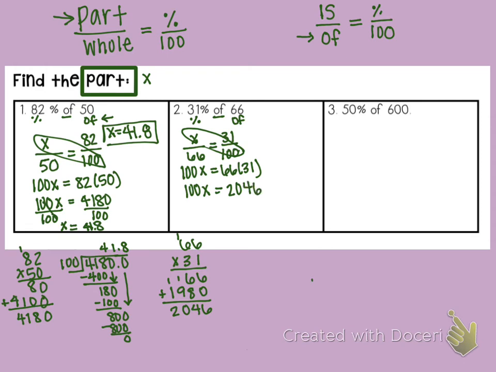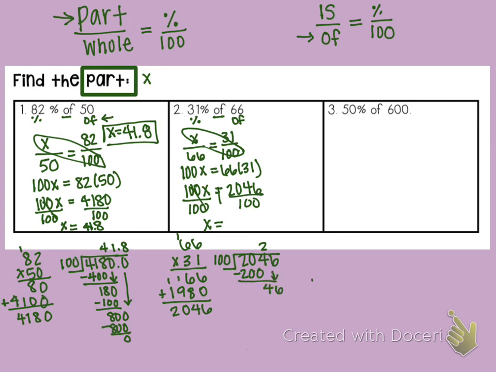Okay, what do we do next? What is our next step here? 100x equals 2046. This is an equation. What's next? If you said division, you are correct. What are we dividing by? If you said we are dividing by 100, you are correct. We can draw our line through the equal sign. And x equals, let's set up our division. Okay, so we have 100 dividing into 204, that's twice, minus 200, 4 left over.